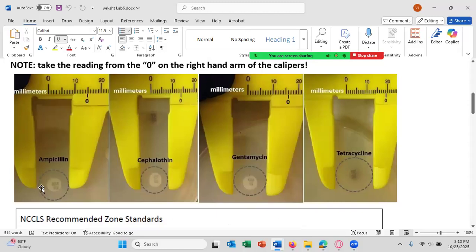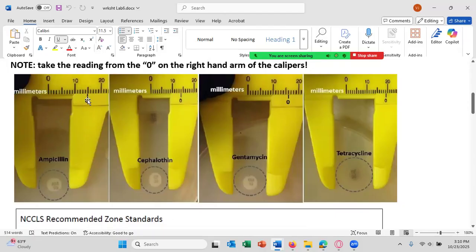You measure from here to there using the calipers, but notice how we do not measure from here to there because the 0 doesn't start here, it starts there. What you use is from here to there. So this is measured as 15 millimeters. Is that clear to everyone?